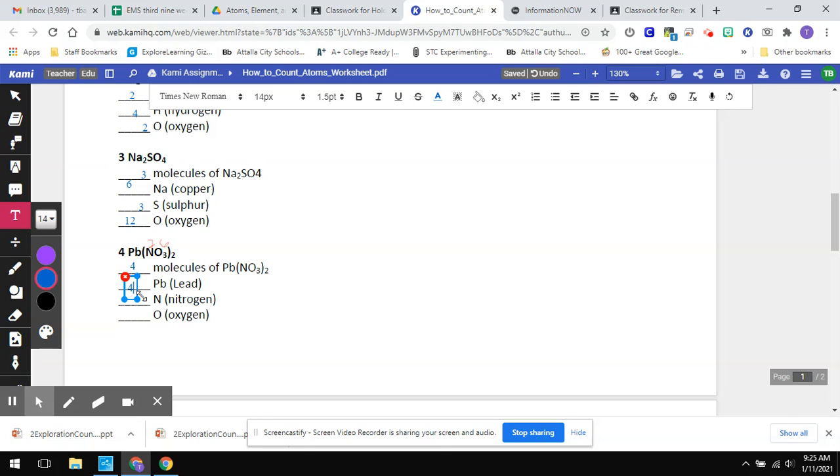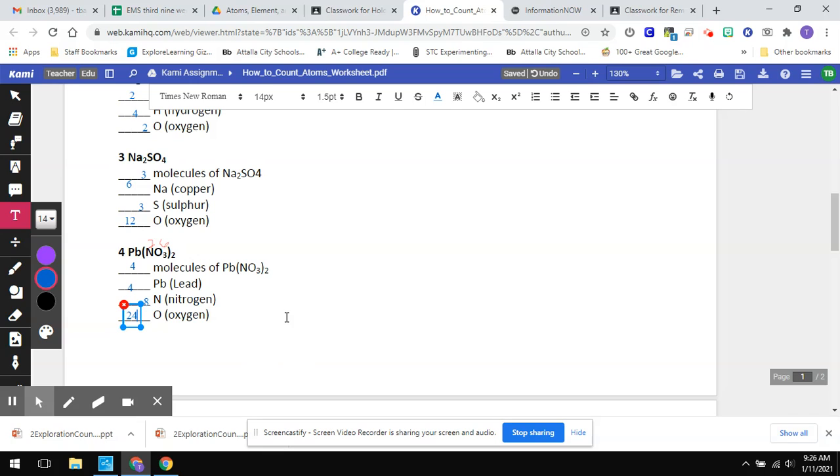But when we get to nitrogen, we're going to have to use that number I got from the exterior subscript times interior subscript. So we're going to go 4 times this 2 right here. So 4 times 2 is 8. And then for the oxygen, we're going to go 4 times 6 is 24.